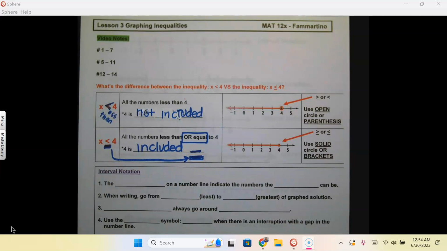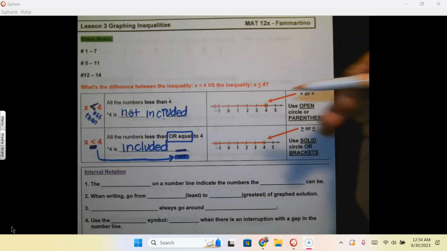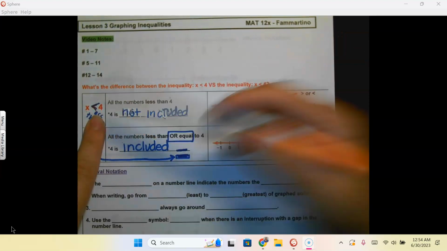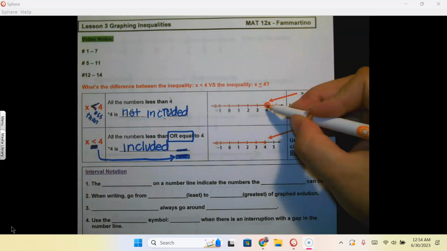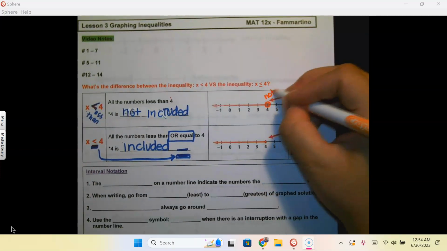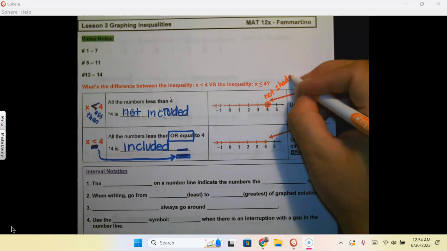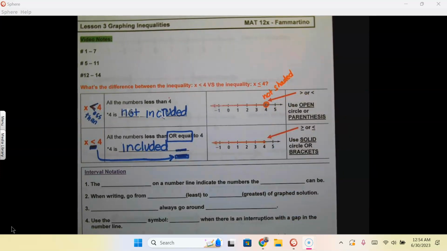Okay, so now let's talk about how we graph on a number line. When it doesn't have the line underneath, we're going to use an open circle on the 4. So when the 4 is not shaded, it means 4 is not included. X cannot be 4.